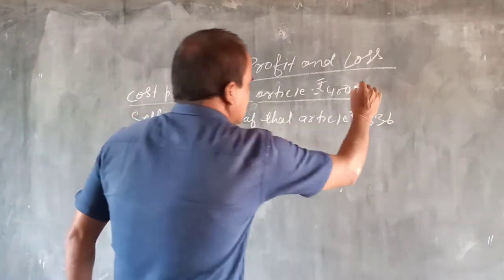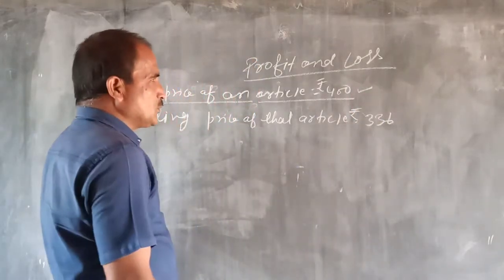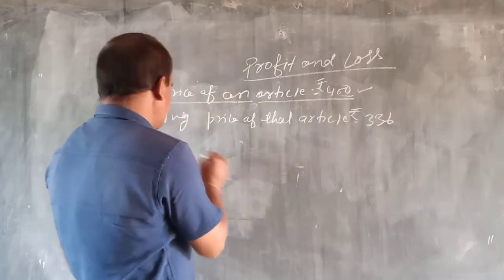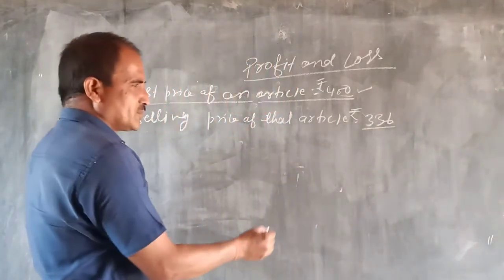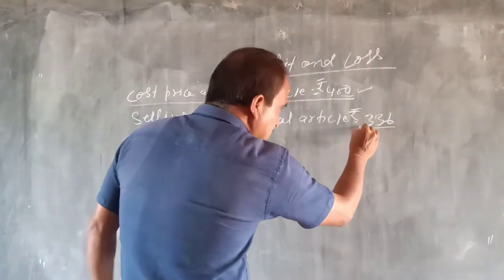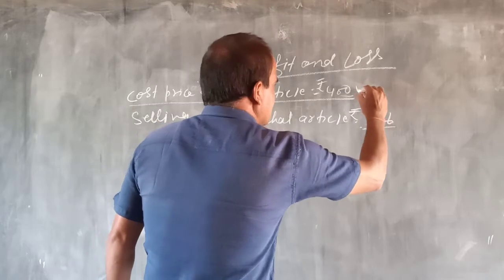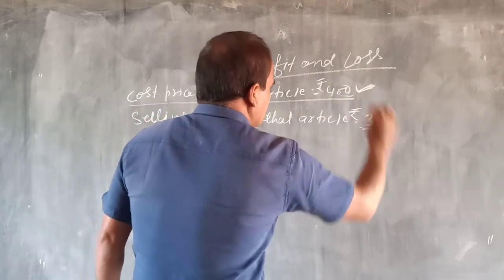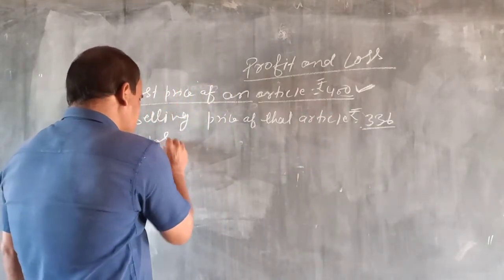Here you see that the cost price is 400. That means you bought that article for Rs 400 and sold it for 336. That means SP is smaller and cost price is larger, so there will be a loss.